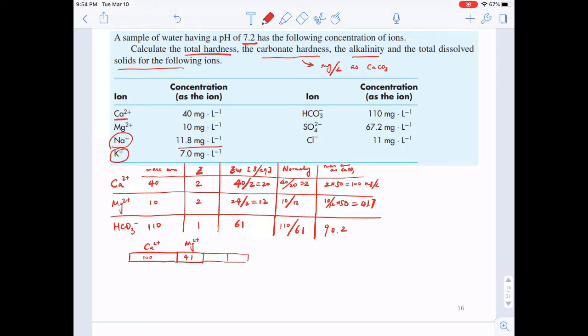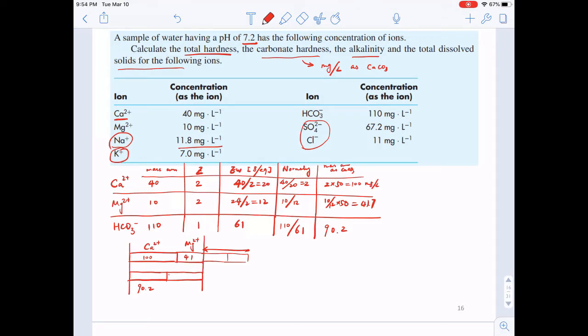There can be sodium or potassium, but we don't care about that anymore because they're not contributing to the hardness of the water. For the anion, we find out that the bicarbonate just contributes a little bit, 90.2. And the rest is composed of other anions, for example, the sulfate or the chloride ions, right?